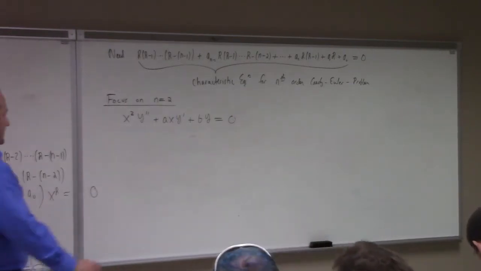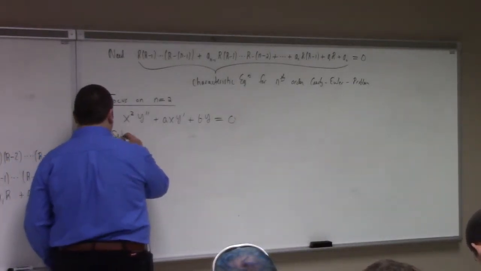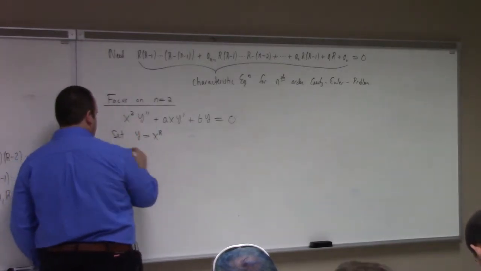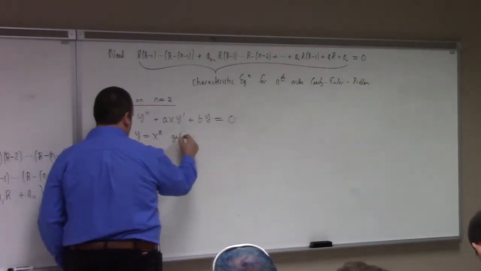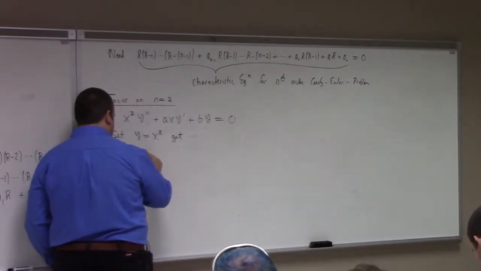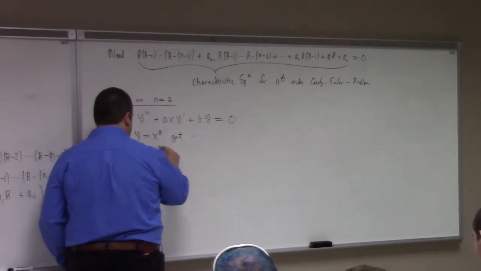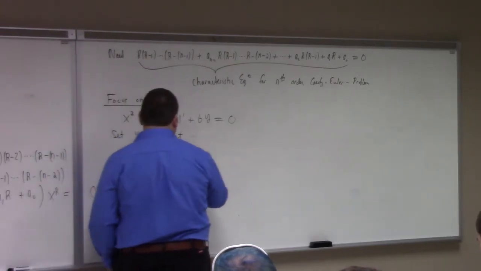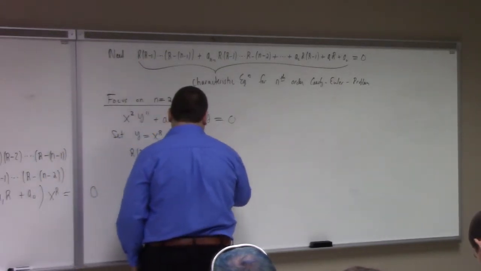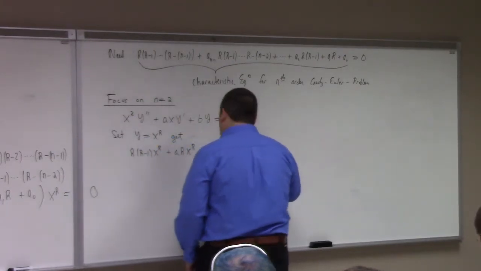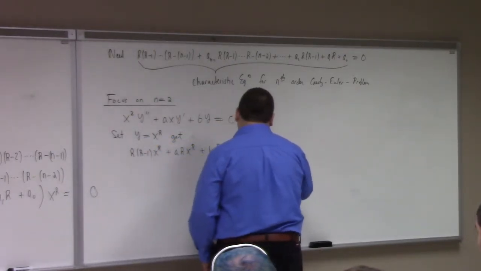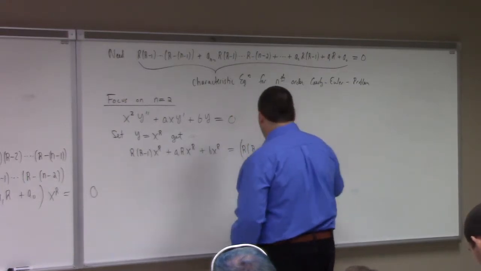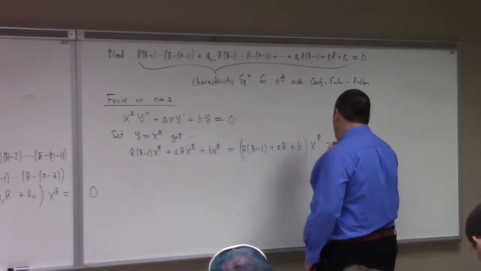So if you set y equals x to the r, then from this we get r times r minus 1 x to the r plus a times r x to the r plus b x to the r, which is (r times r minus 1 plus a r plus b) x to the r equals 0.